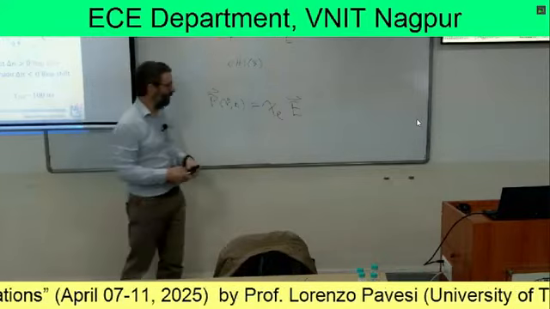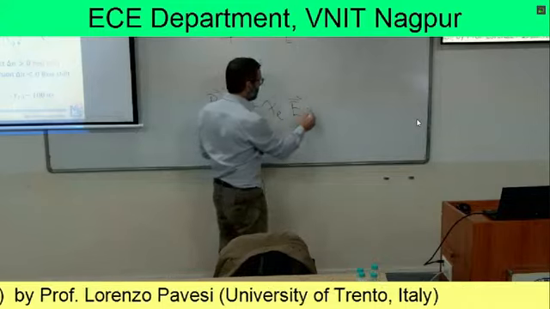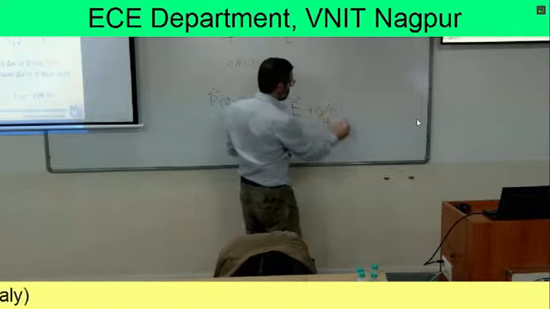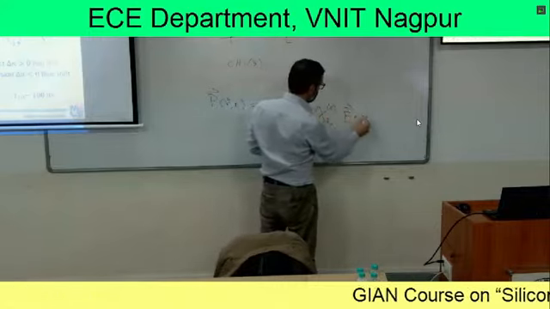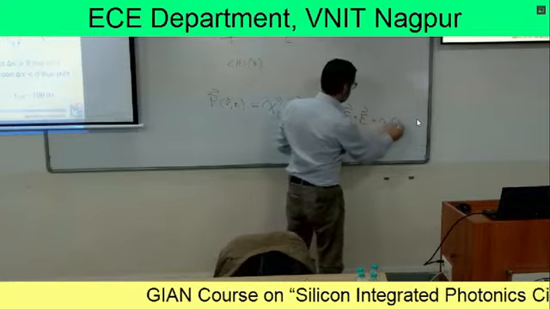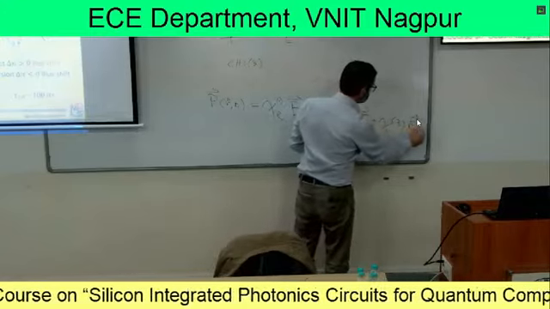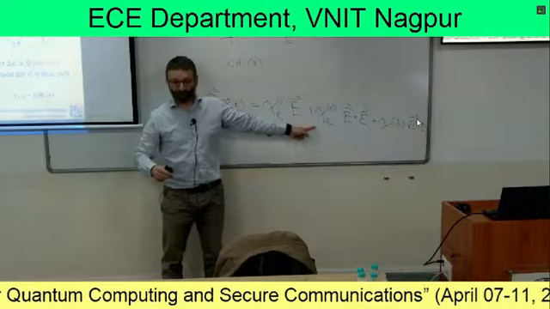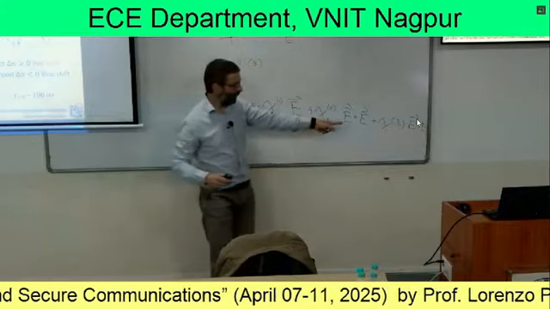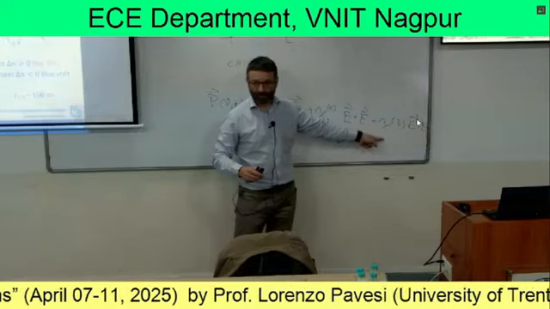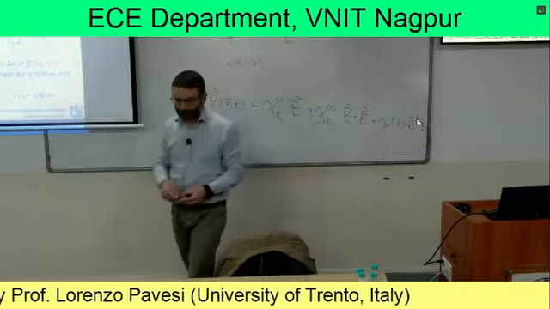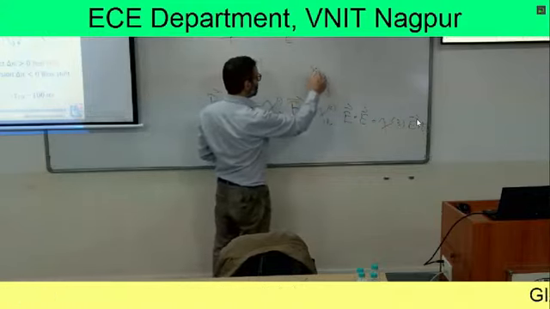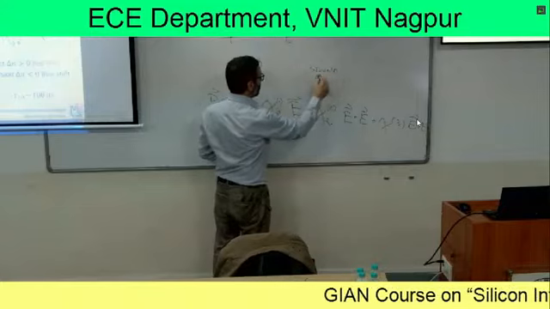So you can then describe those nonlinear effects by adding terms. Okay, so this is Chi1. Here is a term that is Chi2, and then here you have other terms. Okay, a term that is proportional to the square of the field, Chi2, a term that is proportional to the cube of the field, Chi3. This is named second order nonlinearity.